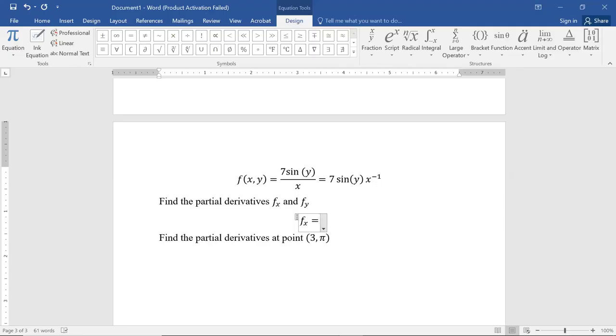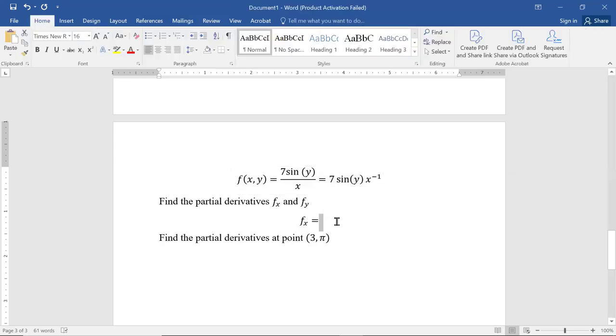So if I take a derivative with respect to x, the exponent of negative 1 will come down and multiply. Again, remember 7 times sine of y is just a constant number. So negative 1 times that constant number becomes negative 7 times the sine of y.